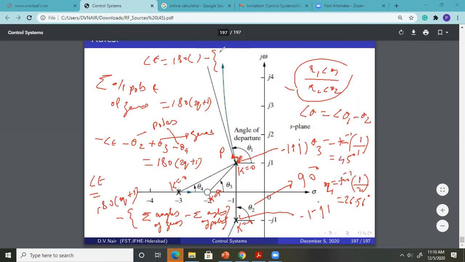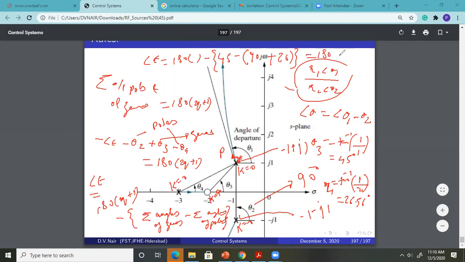Theta 3, and that is 45 degrees. So it will be 45 in summation, minus the sum of poles. This pole is making 90 degrees, so already the minus I have taken here. Another pole is making 26 degrees. So what is this answer equal to?